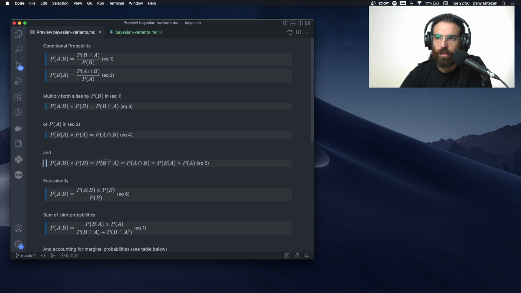So if probability of B and A is equal to that, and we said that intersection is commutative, which means this is also equal to that, and we can see that probability of A and B is equal to that, that means the probability of B and A is equal to that. And if I remove these two expressions here in the middle, we will get this. They are equivalent.